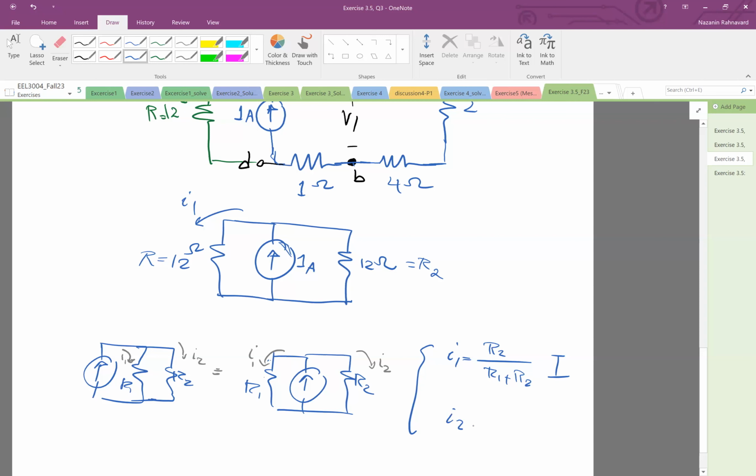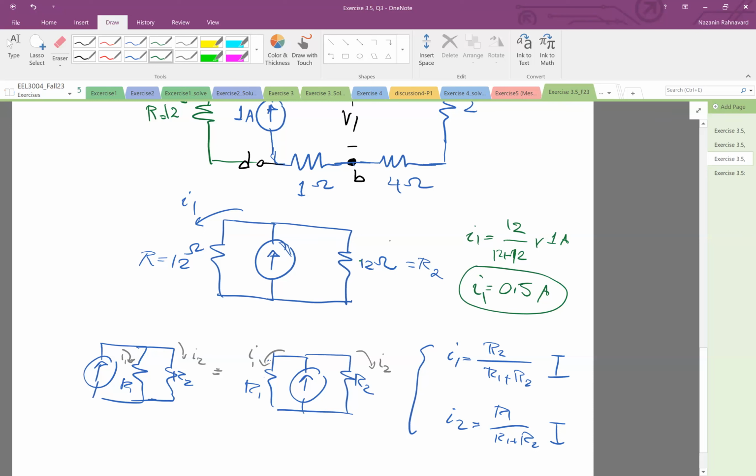And I2 is R1 divided by R1 plus R2 times the current. Now for this circuit, I1 is 12 divided by 12 plus 12 times 1 amp. So this is 12 divided by 24, which is half. So we get 0.5 amp. I1 is 0.5.